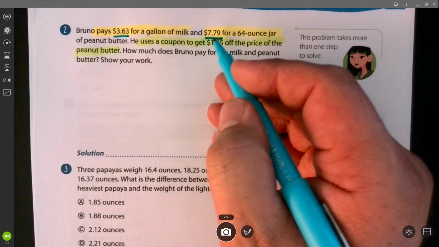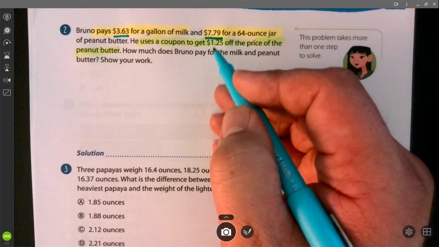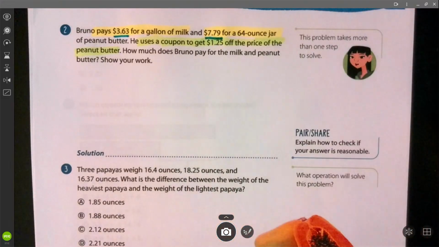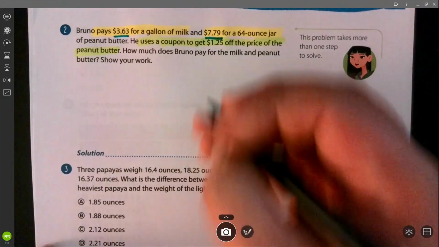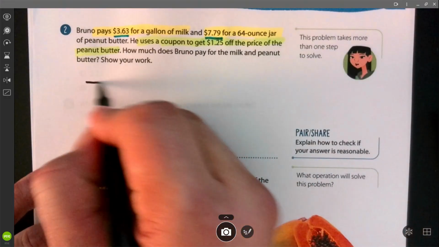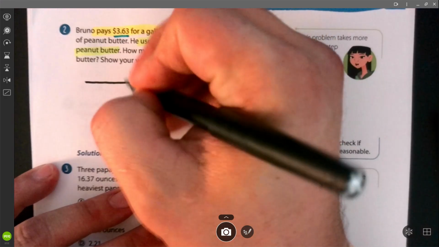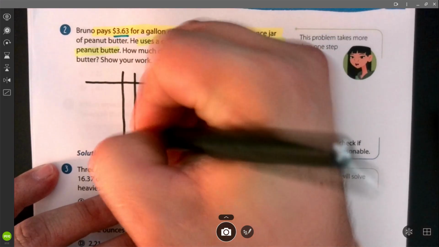This $7.79 jar of peanut butter is actually not $7.79 because he's got a coupon here. So I need to find what the jar of peanut butter actually costs. There's multiple ways of doing this. I'm gonna start by subtracting. Ooh, I need to make this a little bit longer.